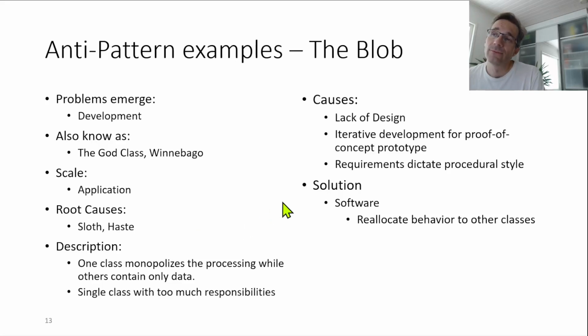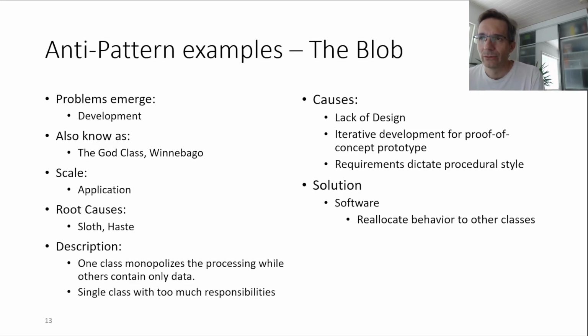Some of the more surface level causes for this are lack of design. So hopefully no one designs this large class into existence. It can also be iterative development or a proof of concept prototype. You are trying to prototype, you are trying to see if you get anything working. You don't care about the architecture too much, the class design too much, you just try to get something to work.